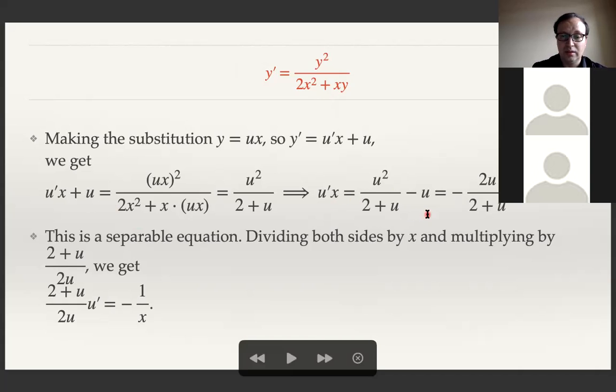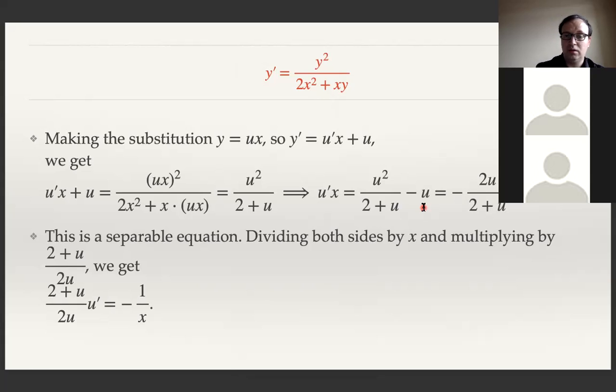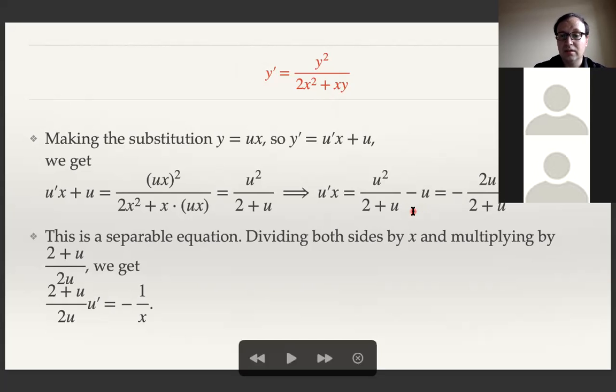So u squared over 2 plus u quantity minus u is equal to u squared minus u times 2 plus u over the same denominator. So it's equal to u squared minus 2u minus u squared. The u squared cancels, so it is minus 2u over 2 plus u. So we're left with minus 2u in the numerator and the same denominator, 2 plus u.